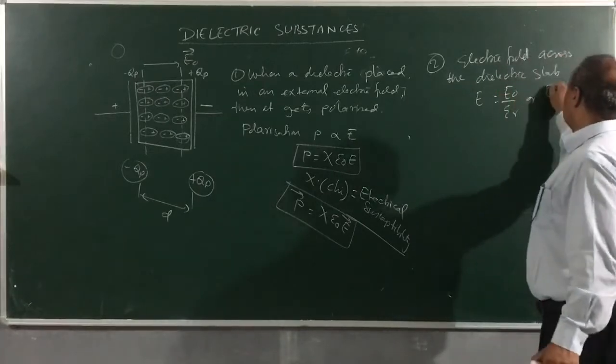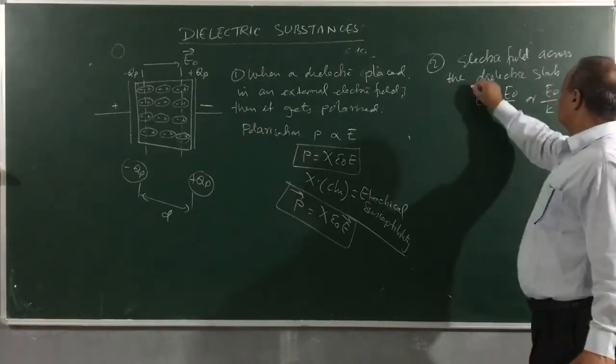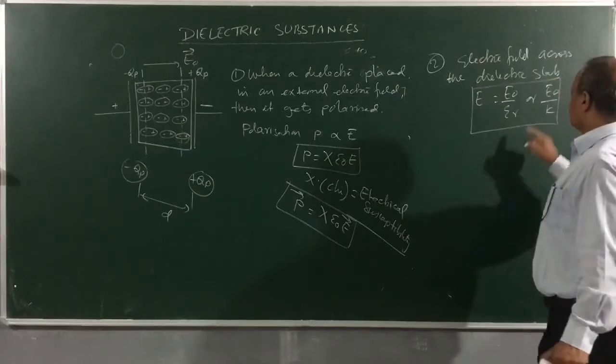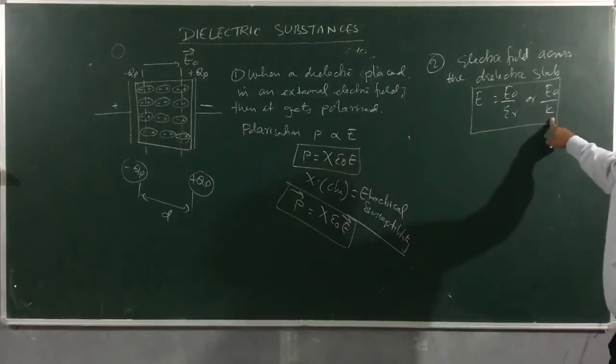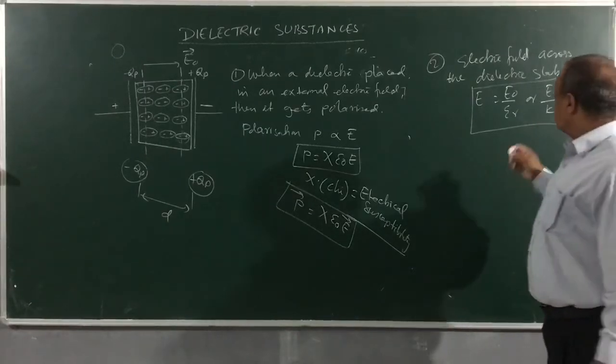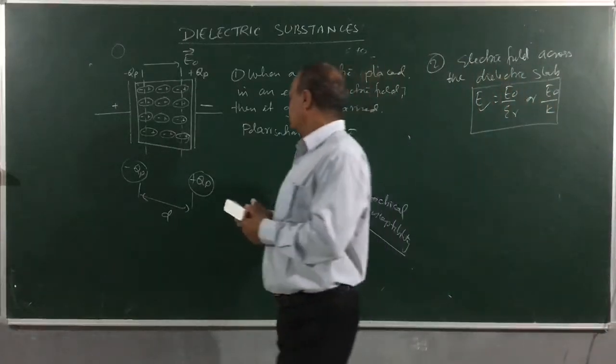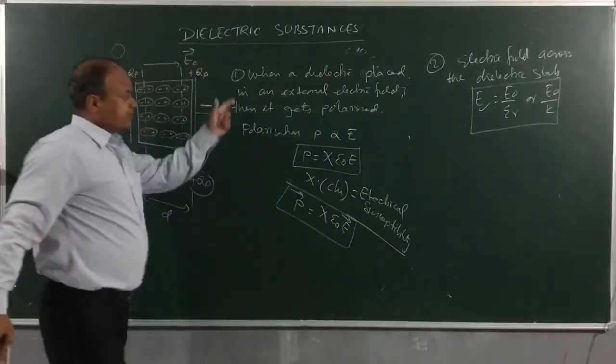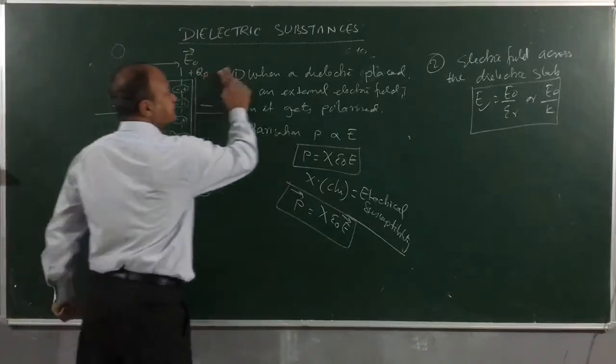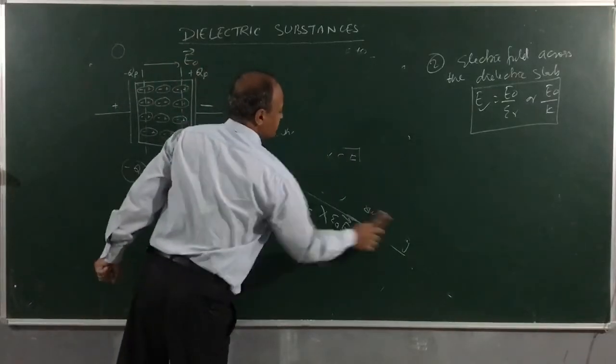I can also write E naught by K, where epsilon r or K is the dielectric constant of the dielectric slab. Now we will understand how much exactly is E. Take a note of this point. Let's see how much is E.